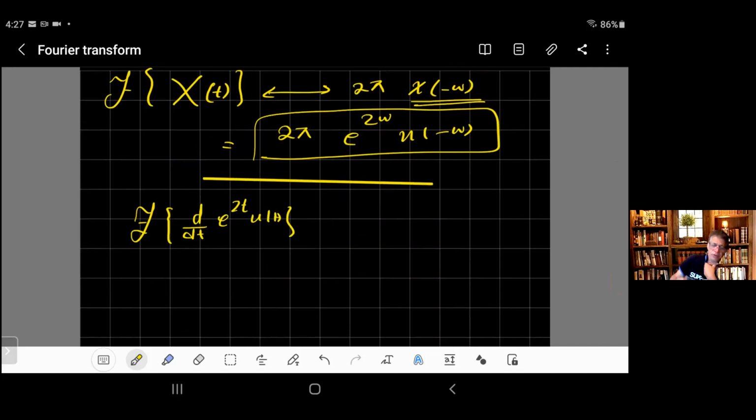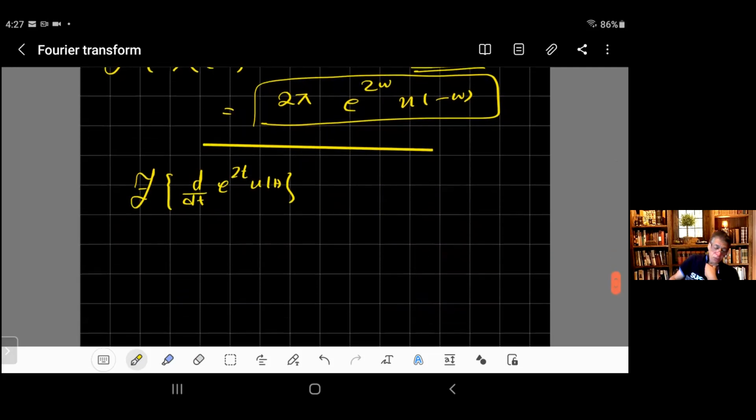They already proved it. They say that if you want to find the Fourier transform of the differentiation of any function, it will be the same X of omega, the same Fourier transform you got for the original function, and just multiply it by j omega.